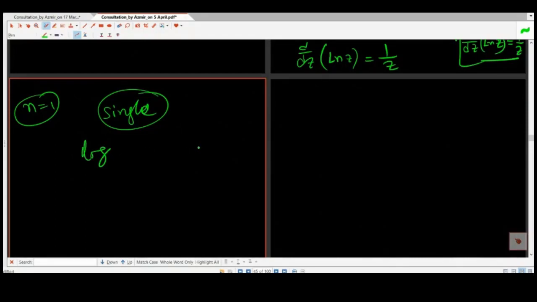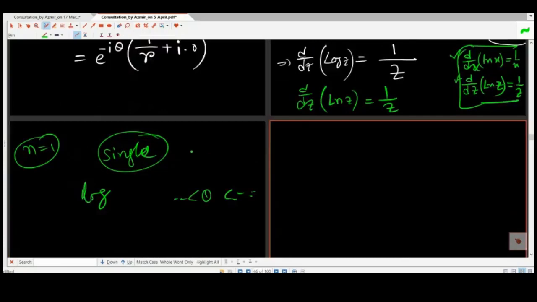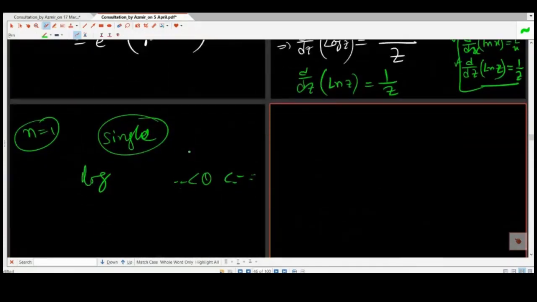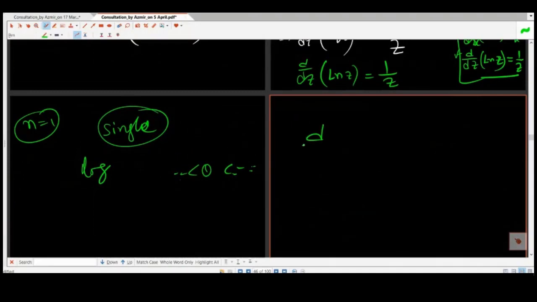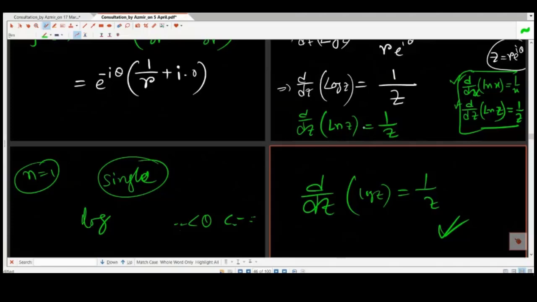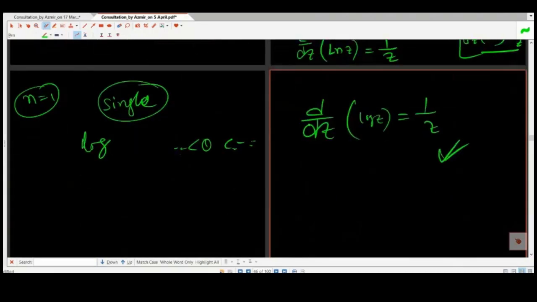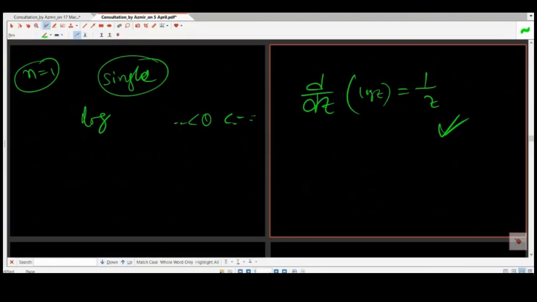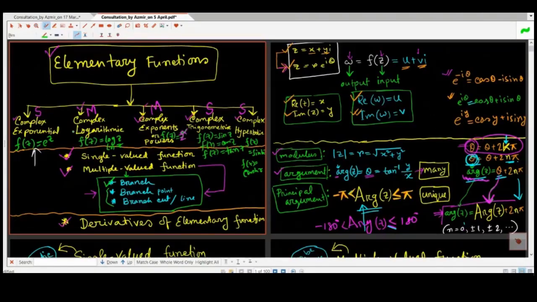For that log, there will be a defined angle and a defined branch cut. So for all single valued functions, we can say d/dz of log z is 1 over z. That means this formula holds for all single valued branches. That's the thing. So we have discussed the complex logarithmic function.